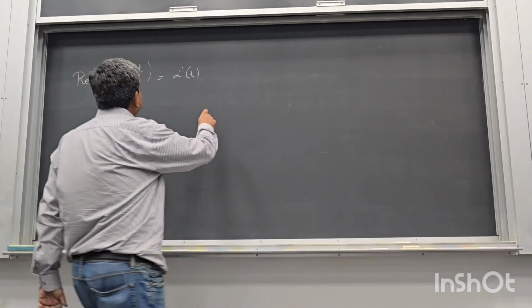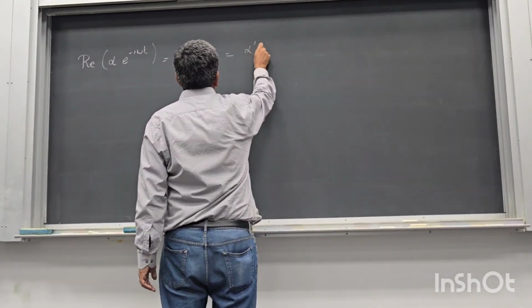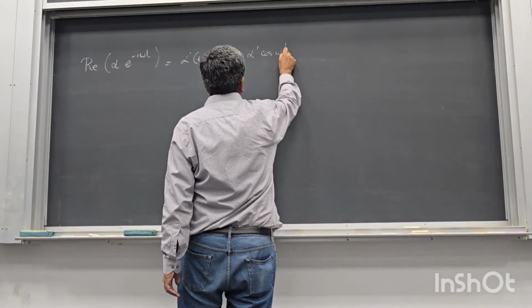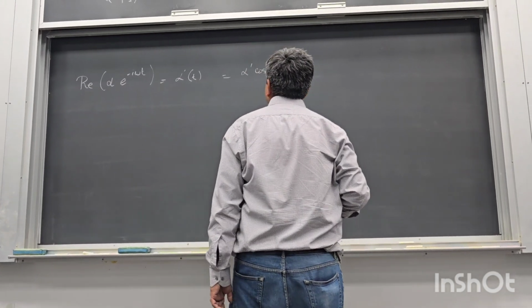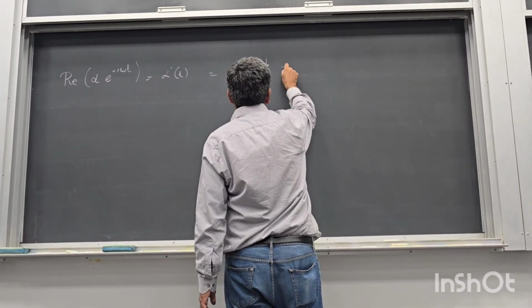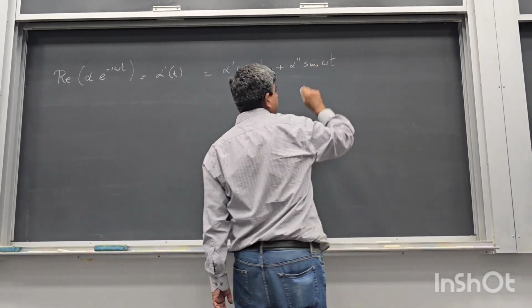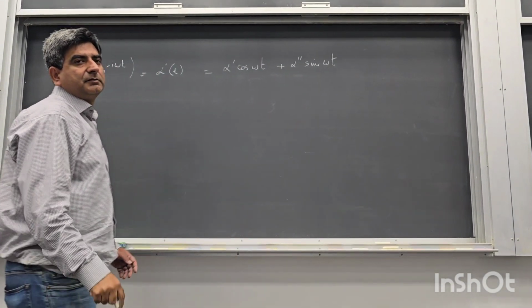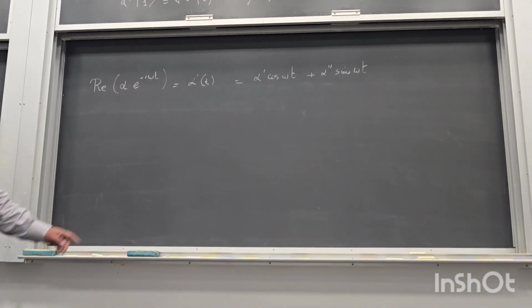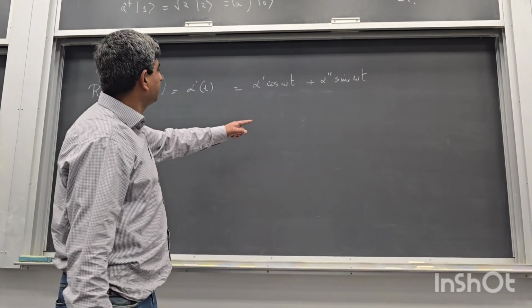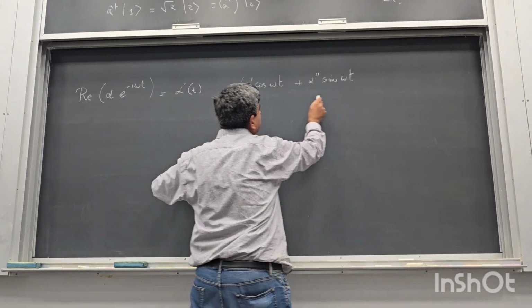So this becomes alpha prime cosine omega t plus alpha double prime sine omega t. Alright? So I need to replace my alpha prime at later time with all of this.